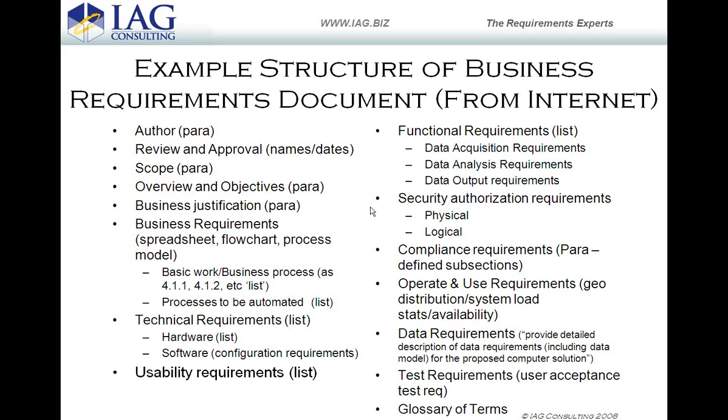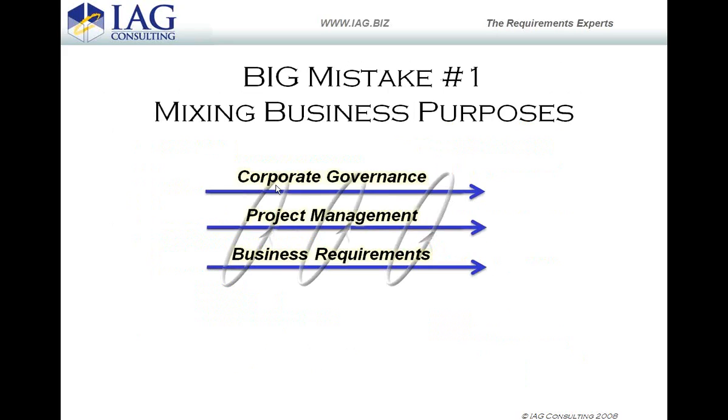And some people are actually in the background beating me to the punch. But one of the first big mistakes in here is they're mixing business purpose. There are three independent but interdependent business processes going on at the launch stage of a project. There's the corporate governance, which is all about, okay, what's the benefit, the return, how are we going to manage or harvest the benefits.